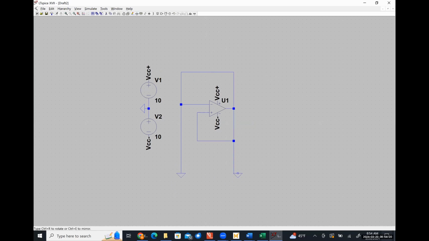See, ground goes here and here. Resistor goes here and here. And also here. Capacitor goes here.